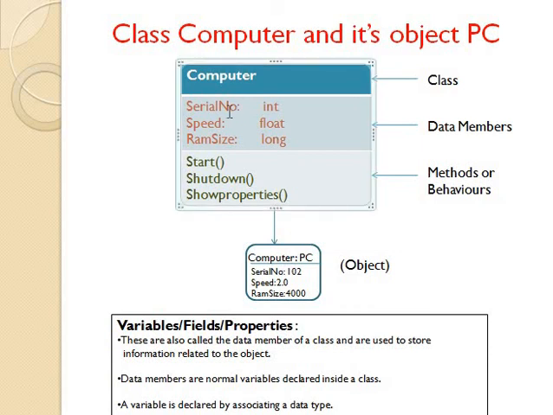Since serial no is of type int, the data member serial no accepts small to medium sized integer values. And since the data type of the member variable RAM size is long, RAM size will accept larger integer values.